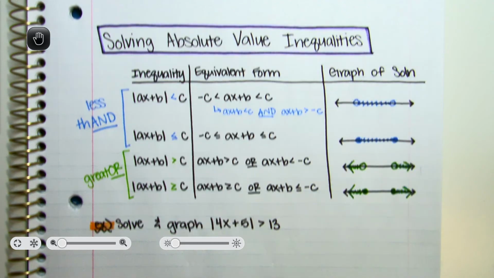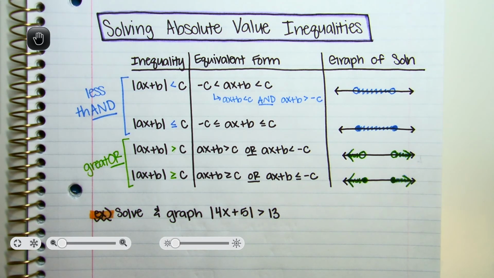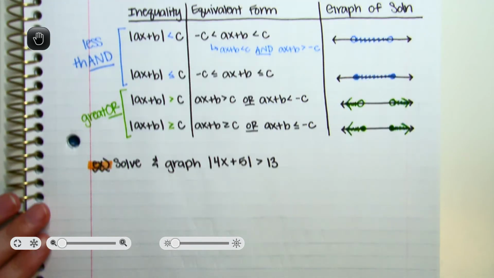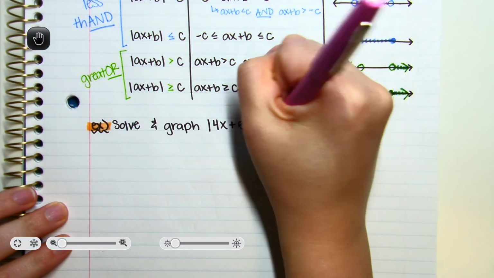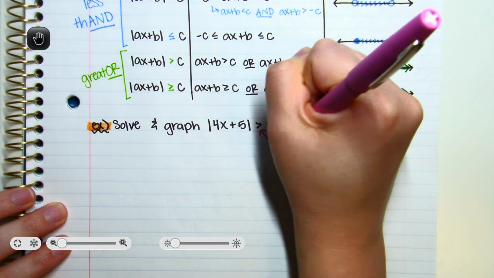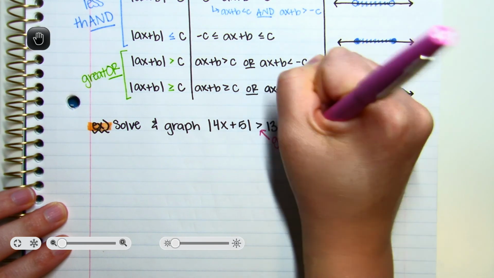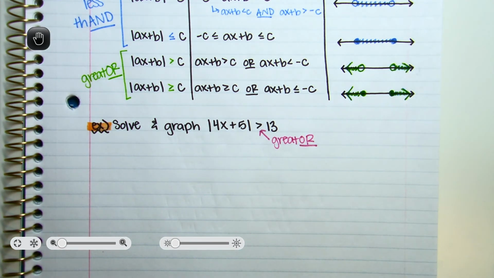All right, let's go ahead and do an example. So go ahead and pause and write down this example. First thing I want to ask myself, is this going to be greater or less than? It is a greater than symbol, which means this will be greater, which means I'm going to be writing an or statement with two separate things that I'm solving.